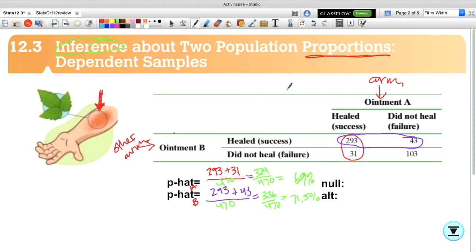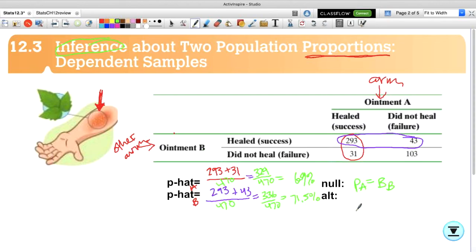Every time, and I mean it, every time we're doing an inference about two proportions that are dependent samples, our null hypothesis is always going to be that our proportions are equal, that there's no change. So the proportion of sample A is going to equal the proportion of sample B. Here I'm using A and B because those are our ointment names.